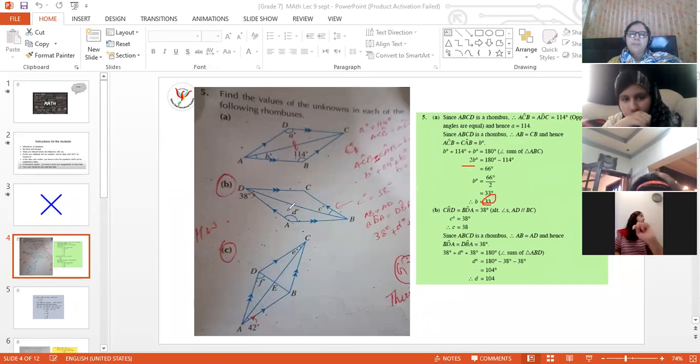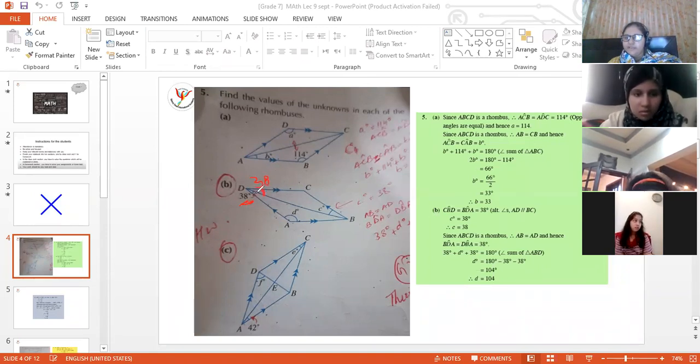Right? Part number B. But in part B, whenever you see this arrow, this outside arrow, it means that whatever the angle on this side, the angle will be the same on this side, right?